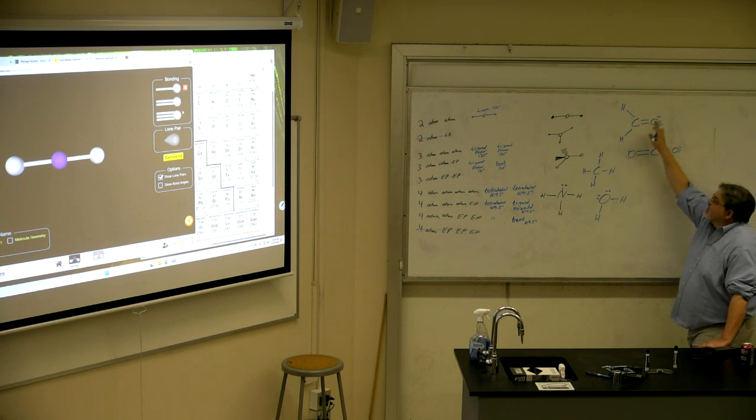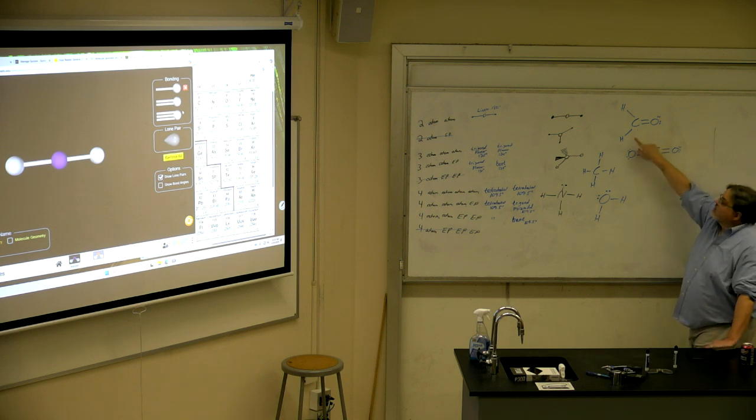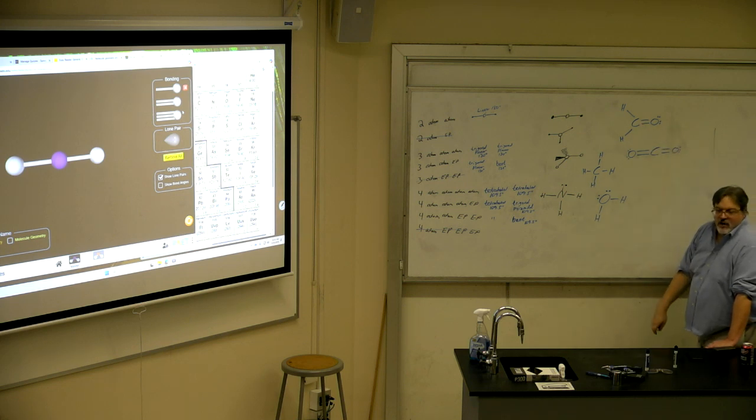Not this oxygen, not the hydrogens. I was really pointing at this carbon, and that's what I was depicting up there, and saying, what is the molecular shape around that particular atom? The word molecular shape is a little bit of a misnomer. What we mean is the shape of an atom in a molecule. But when it happens to be the central atom for the whole molecule, then yeah, that whole molecule can be described that way.